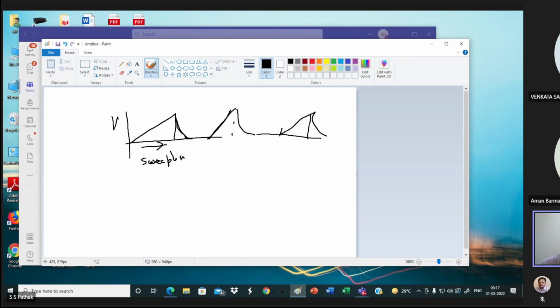The voltage sweep time, from here to here is the sweep time. I can say Ts. If I leave it as it is, it will start discharging and it will come to this state. Before the next sweep is applied, it comes to 0 and remains 0 there. So from here to here, we call it the retrace time.